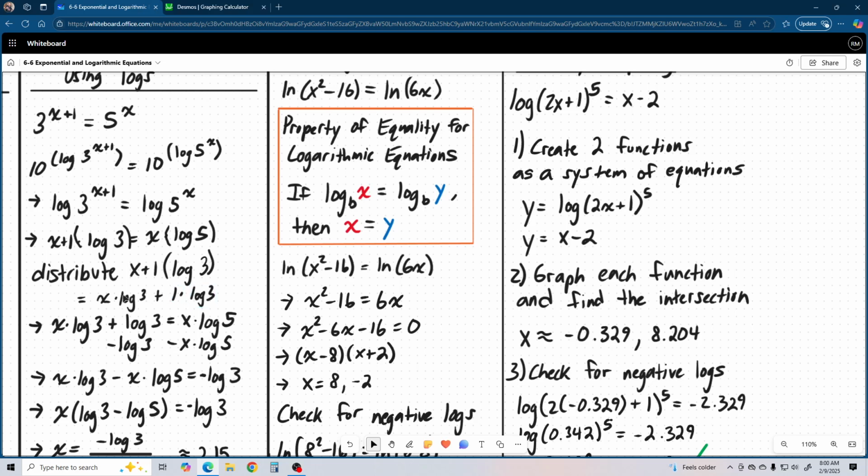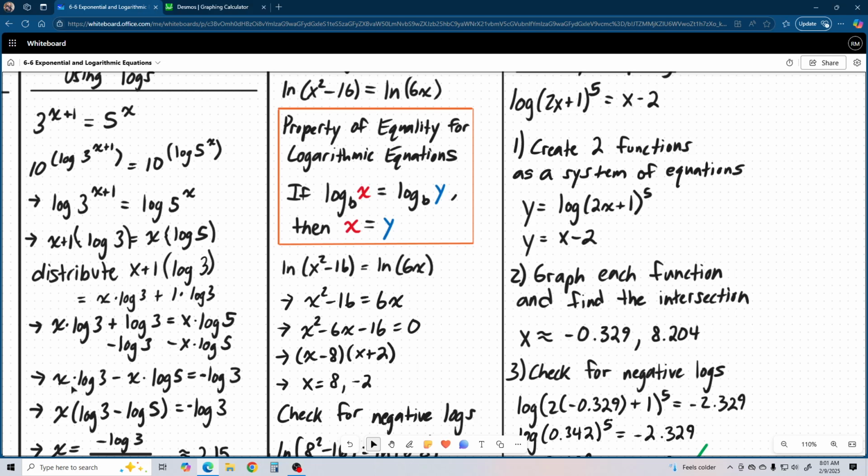Because it's times 1. So this is the whole point, that we're going to rewrite this here. So we have x times log 3 plus log 3 equals x times log 5. Of course, we brought this x out in front also, right? Up here, we brought this x out. So we need to get x's on the same side, right? So if we have x times log 3 plus log 3 equals x times log 5, I'm going to take this x times log 5 and move it to the left, and I'm going to take this log 3 and move it to the right, so that way I can get the x's on the same side.